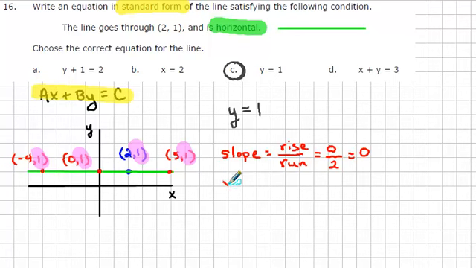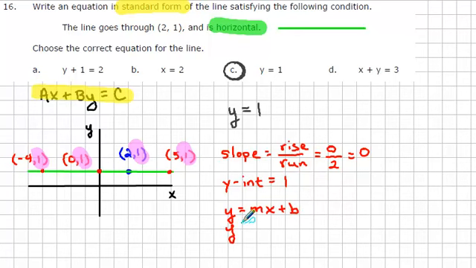And we also note that our y-intercept is the point (0, 1). When we write down the equation, we just use the y-coordinate of that. Our y-intercept is 1. So what is the equation of the line? Well, we can use the slope-intercept form, which is y = mx + b.